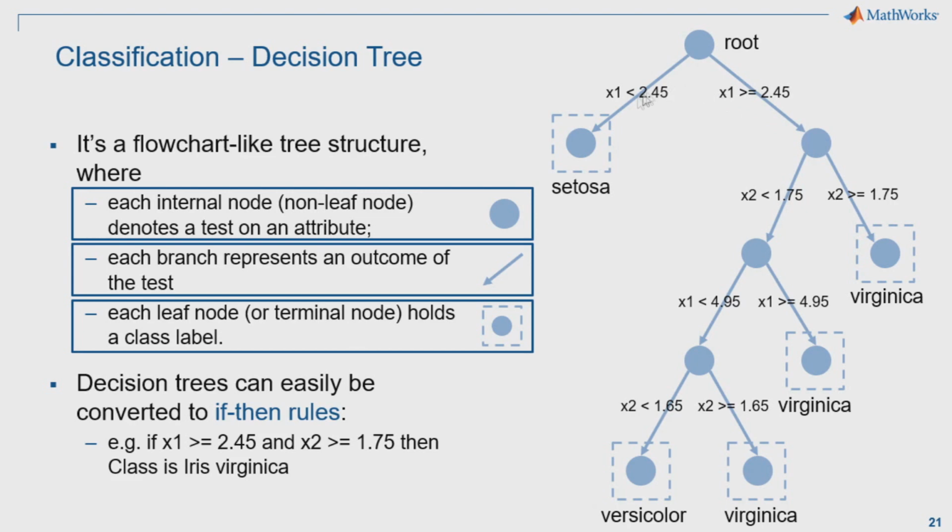And what is really nice about this kind of decision algorithm is that it is very easy to extract if-then rules, which are really easy to handle and which can help you to understand how your model works.